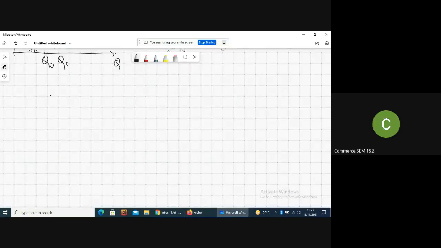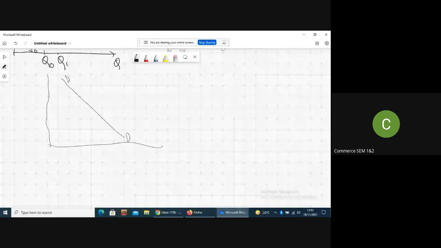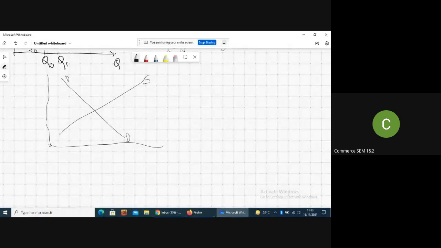Now I'm talking about the market equilibrium and what will be the market price. We have got the market demand curve, we did it yesterday. So this is the market demand curve, DD, for any commodity, and this is the market supply curve, SS.